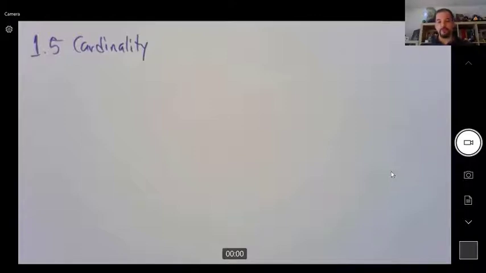So for our purposes, instead of trying to define what the cardinality of something is, we're simply going to talk about when the cardinality of two sets is the same, okay? And there's an easy way to do this without knowing how big the set is. You can tell when two sets are the same.